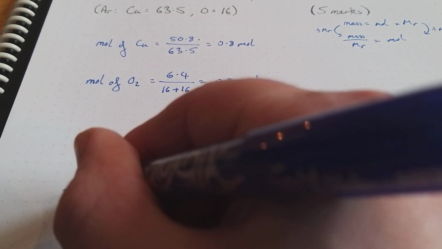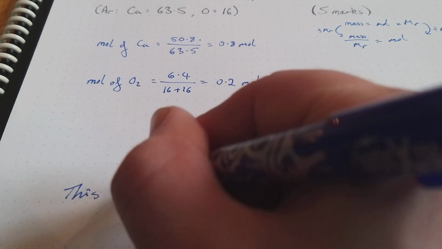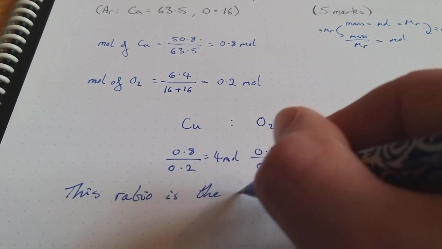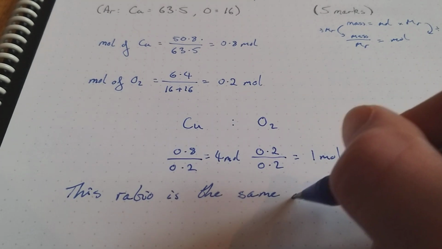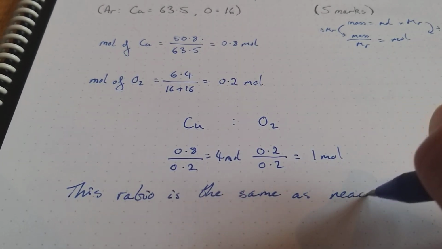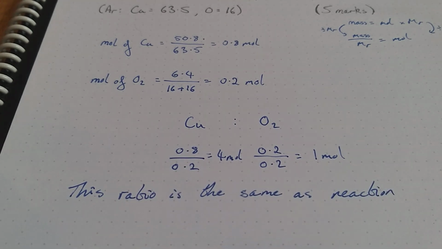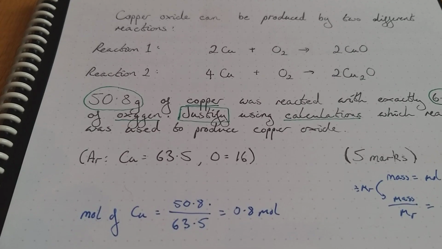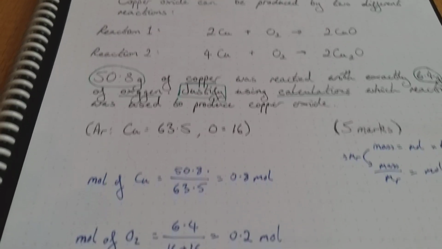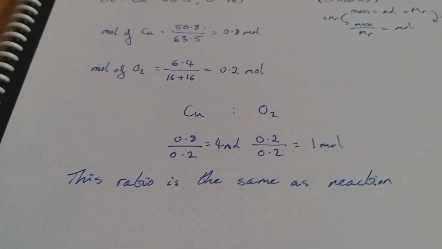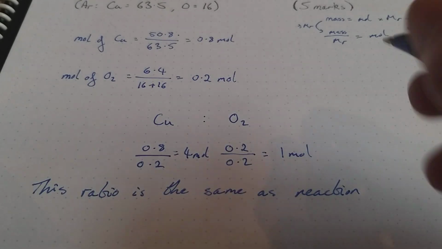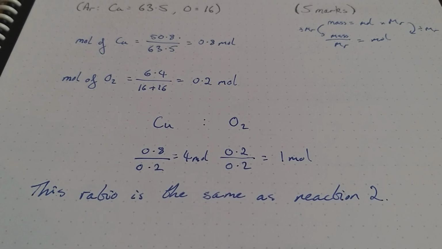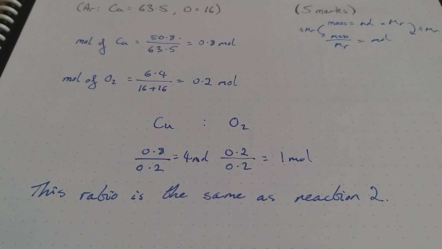This ratio is the same as reaction. Let's just check which reaction it is. Well, it's a 4:1 ratio in reaction 2. So this ratio is the same as reaction 2.